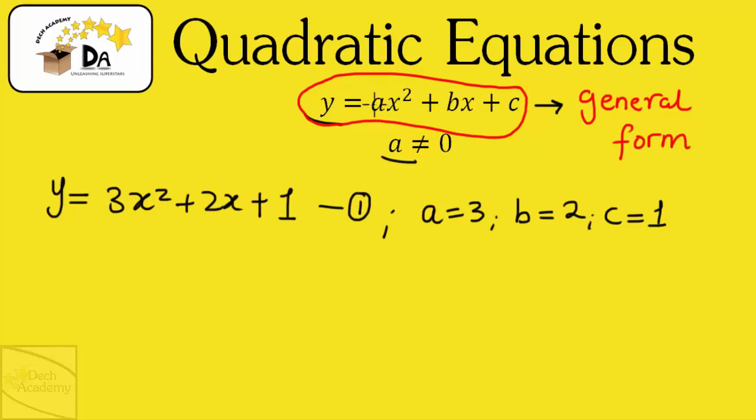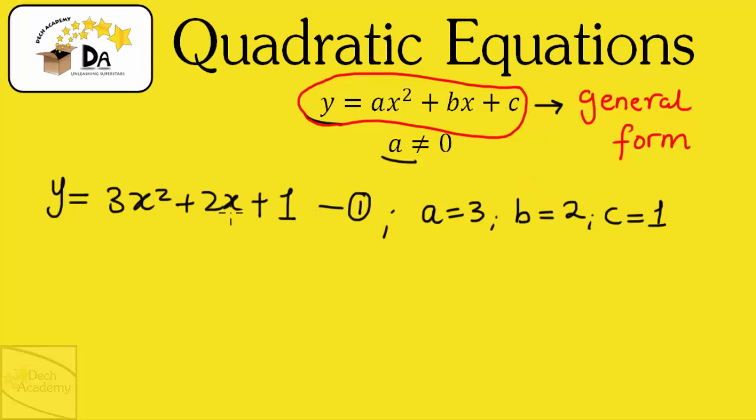Therefore a is 3. Similarly, the coefficient of x here is b, and the coefficient of x here is 2, so b is 2. This equation has a constant term, so does this one. c is 1. That's all we've done.